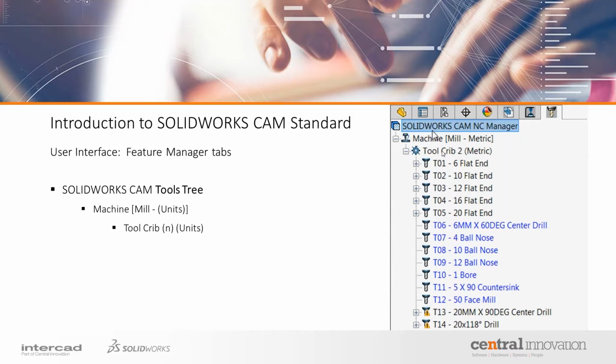And under the node for the tool crib, we see all of the various tools which are listed for that particular tool crib. You can change the tools here by editing the definitions.